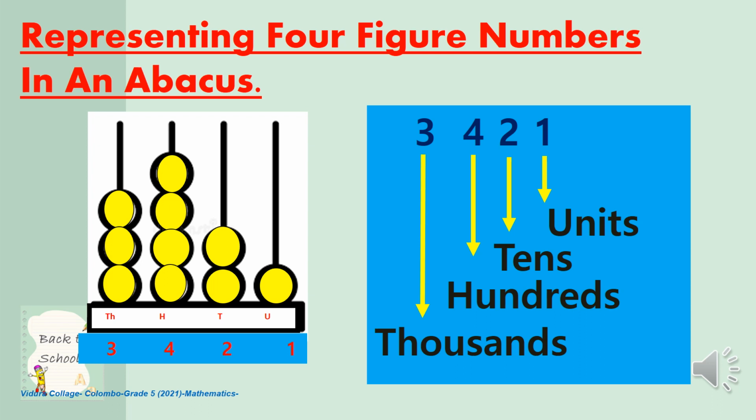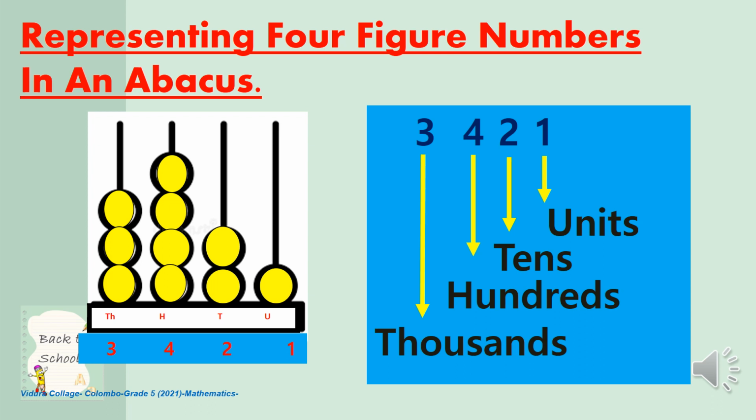So kids, when you are representing a number in an abacus, there are a few things which you have to consider. First thing is you have to label each pole according to the correct place values. Units, tens, hundreds, thousands. Now here this is a 4-digit number, so you need 4 poles, so 4 place values.